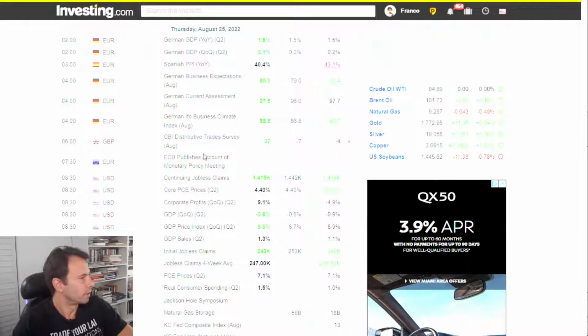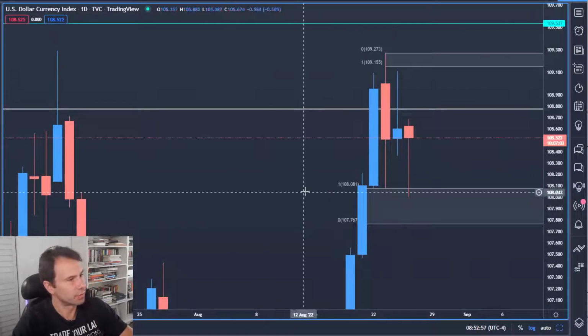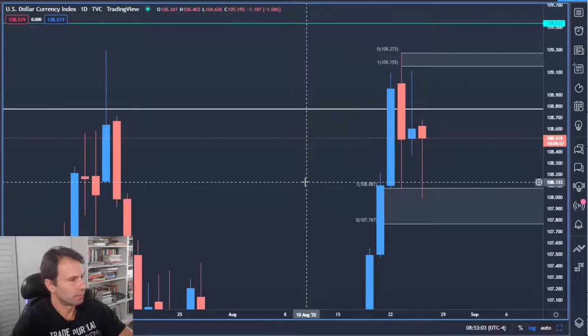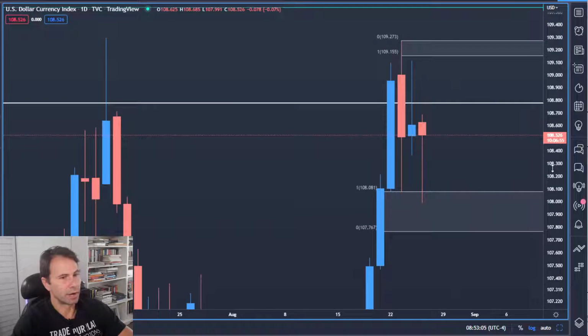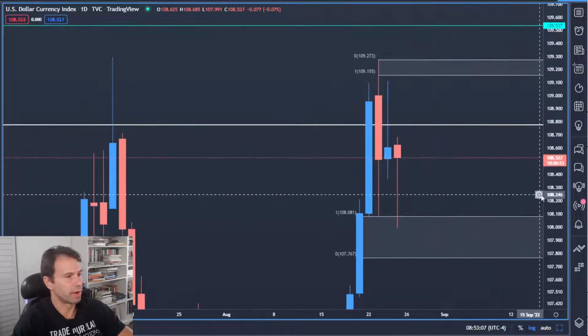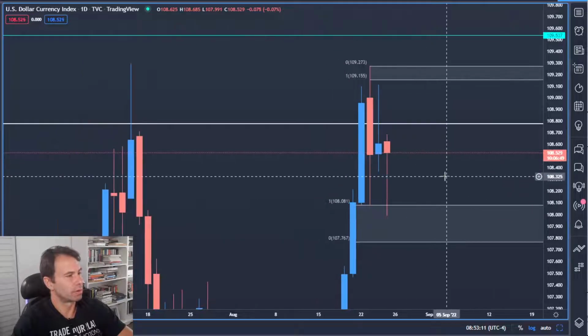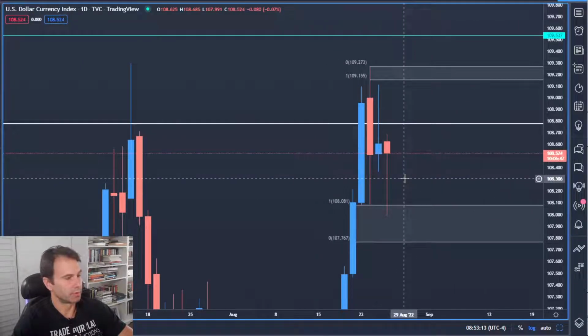So with that, let's jump into the charts. I always like to start with the US dollar. The US dollar, as a world reserve currency, is the main driver for markets here in the US and worldwide. So I want to see when the dollar is moving, because when it's on the move, there's usually a lot of volatility involved.